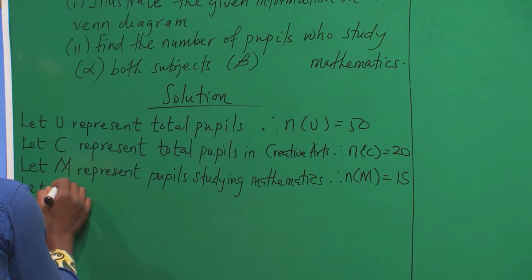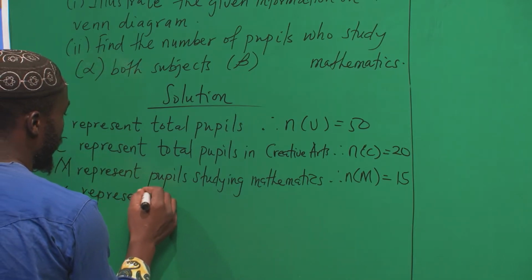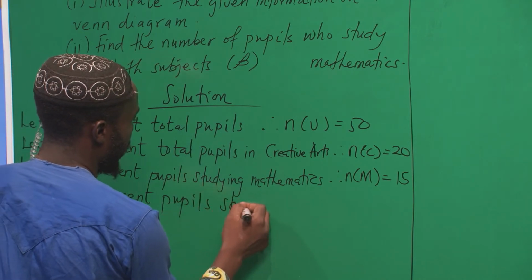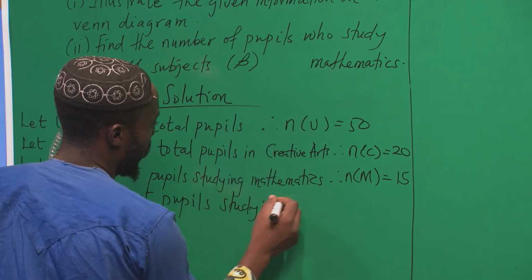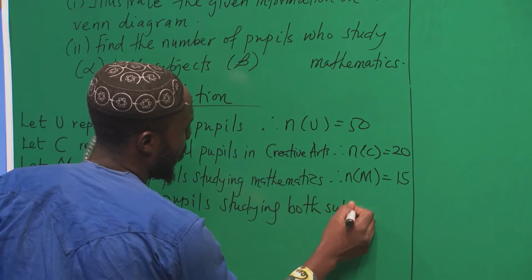Then you let X represent pupils studying both subjects.